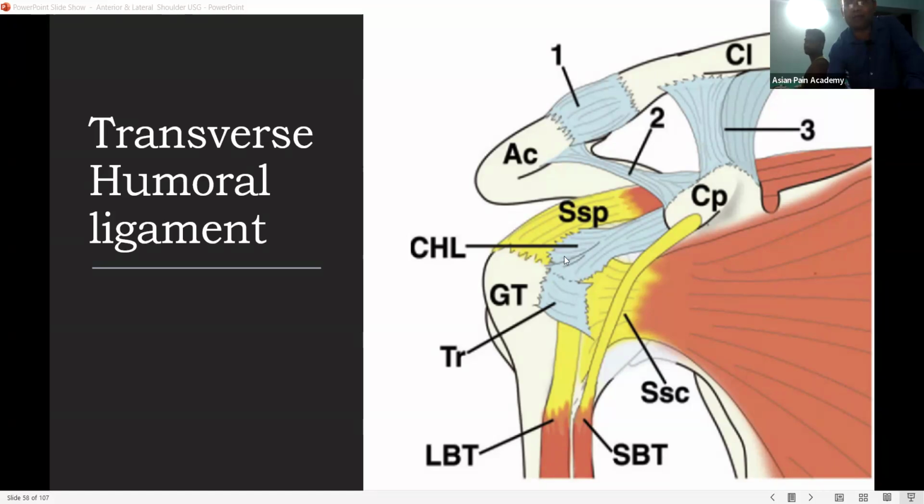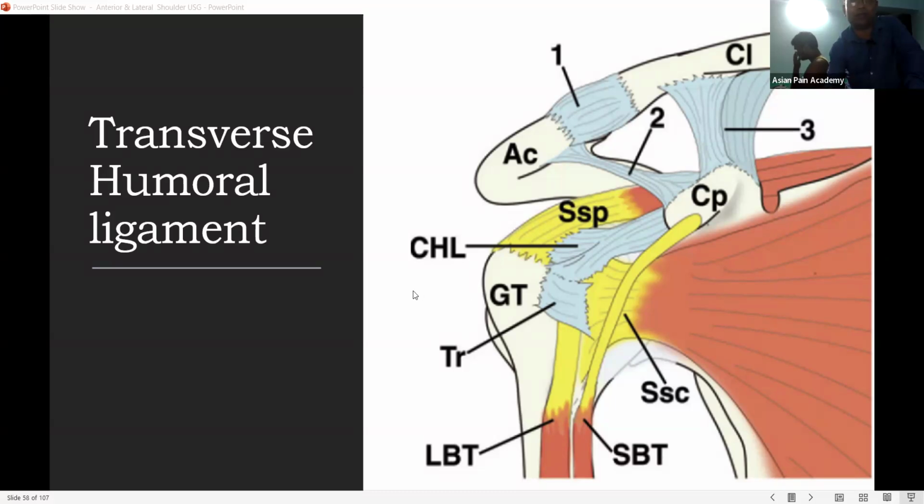But after that also, in the bicipital groove, this long head of biceps is still there. So what is holding it in the groove? Why doesn't it come out? That is what the transverse humeral ligament does. This is the location of the coracohumeral ligament only, but it is below that. So that is the transverse humeral ligament.